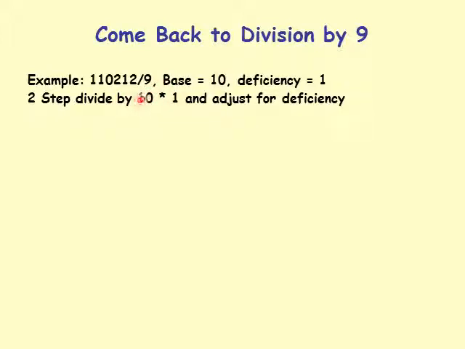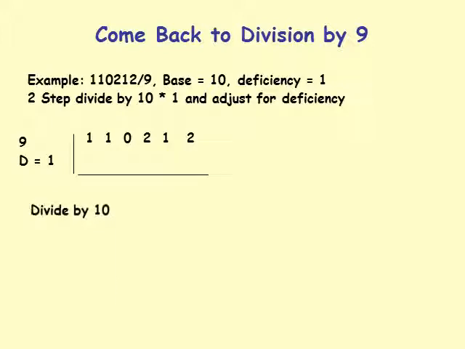First division is by a natural base number, and the second division is by the factor needed to come back to the base number here and adjust for deficiency. Deficiency is 1. Here's my problem here: 110212 in the dividend, 9 as a divisor, deficiency of 1, and base number is 10.